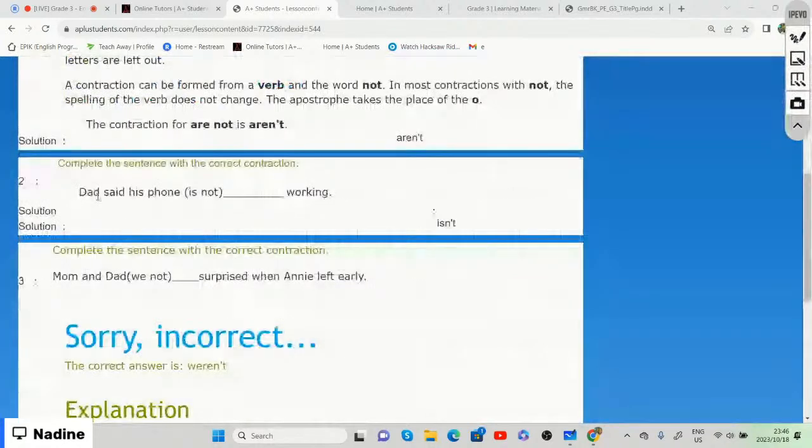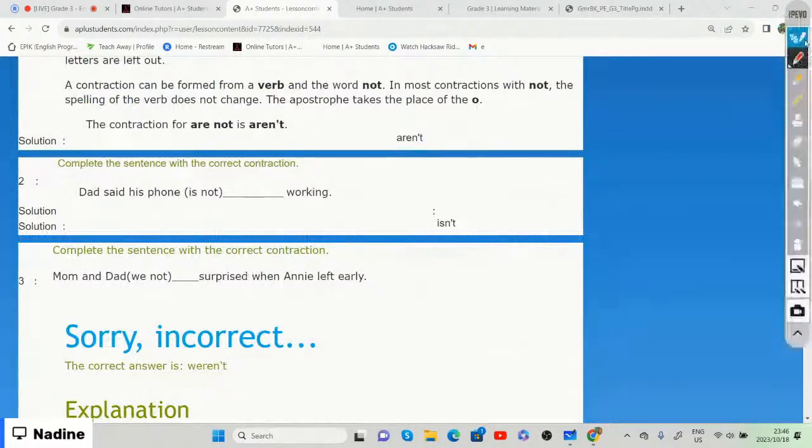Dad said his phone is not working. Is not working. How do you think we will be able to write is not? Yes, aren't is correct. And is not. Remember we said that the first word stays the same? By not, we leave out the O and we put the apostrophe in its place.